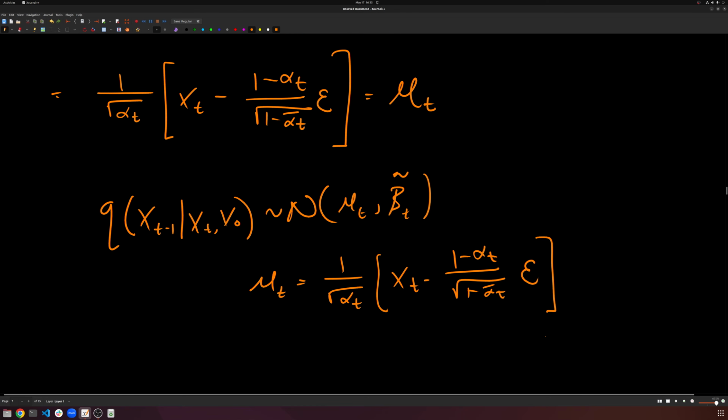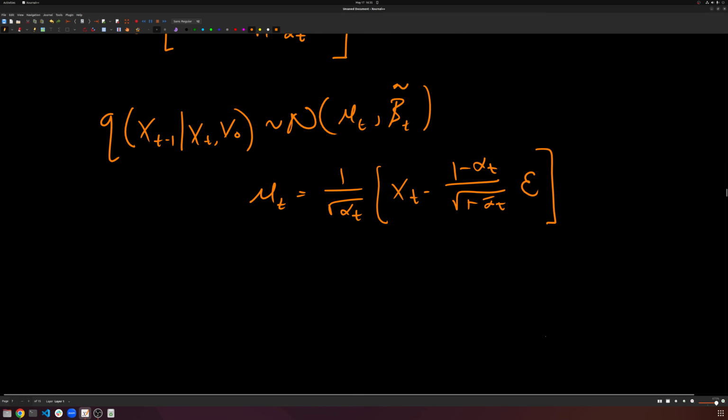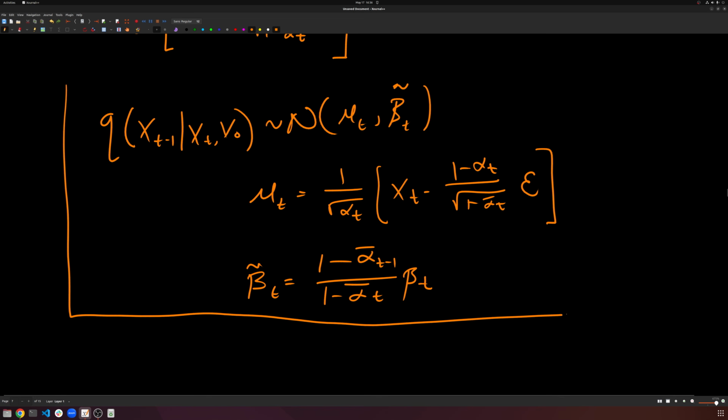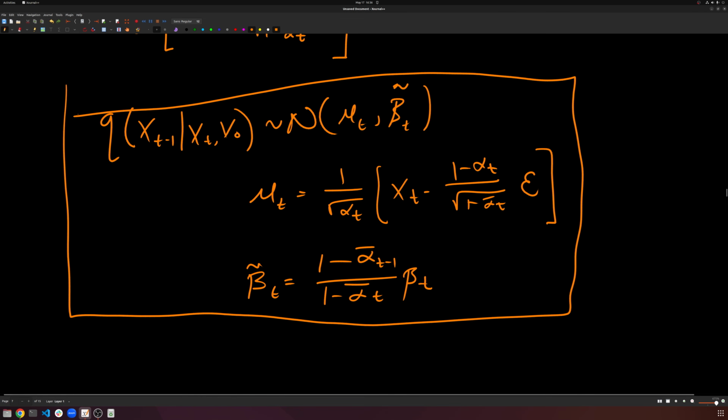That's what mu t was. And our variance, beta tilde t, was equal to 1 minus alpha hat t minus 1 over 1 minus alpha hat t beta t, where beta t came from our noise scheduler. And so this is our entire reverse process.